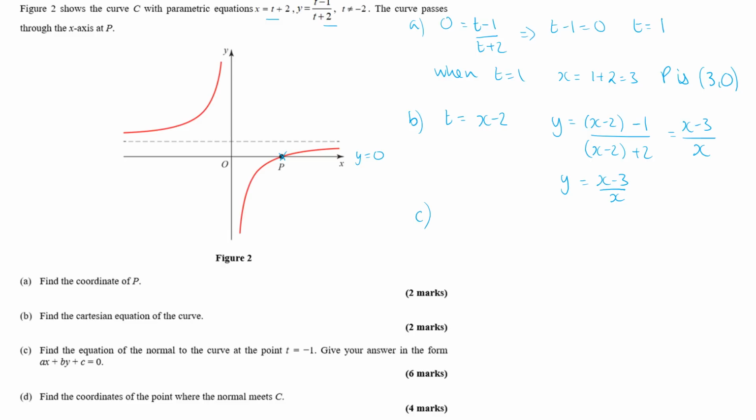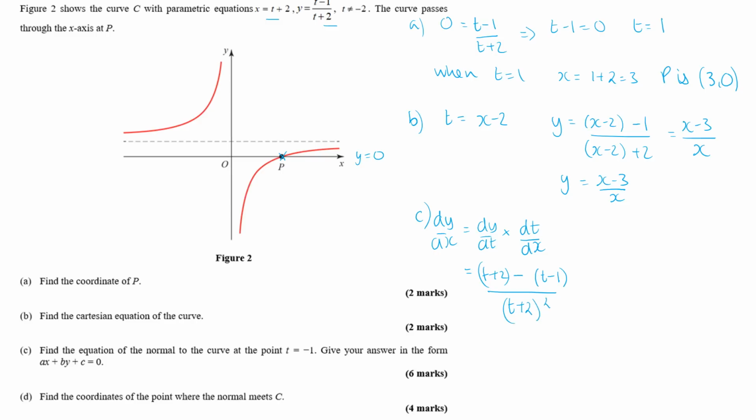To get the gradient parametrically, we need dy by dx, which is going to be dy by dt times dt by dx. So dy by dt: y is a quotient, so we need to do bottom times differential of top, which is 1, minus top, t minus 1, times differential of bottom, which is also 1, all over bottom squared, t plus 2 all squared.